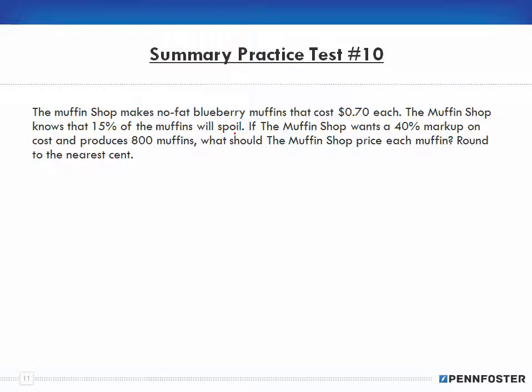Let's see if I can find them. Where were they? Okay, so problem 8-29 was talking about cookies.